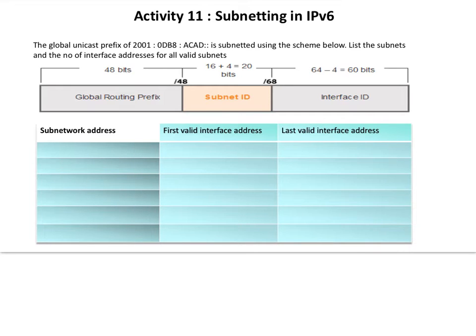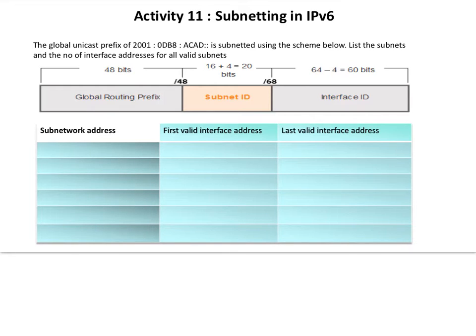The first thing is that here we're dealing with hexbits, so we need to calculate these bits. How many bits are for subnet and how many bits are for the interface ID, based on the 128 address, and based on the fact that each hexadecimal digit takes 4 bits.